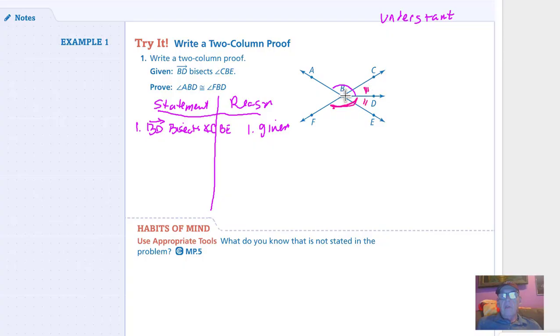So angle CBD and angle EBD are the same, since the bisector makes two congruent angles. For angle ABD, we have ABC plus CBD equals ABD. And for angle FBD, we have FBE plus EBD equals FBD.